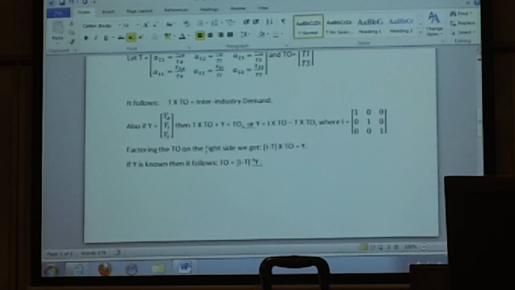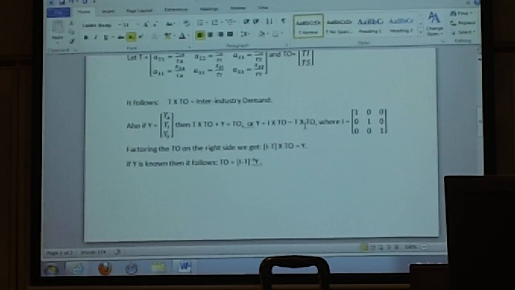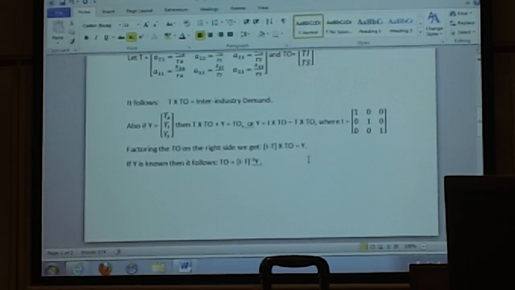Now, when you solve this for Y, you have to bring this to the other side, so it becomes minus T times T sub 0. But in order to subtract these two matrices, they have to be the same dimension. So we have to introduce the identity matrix to put them in the same dimension. Then if we factor the T sub 0 on the right side, we get this, and from that we get this.